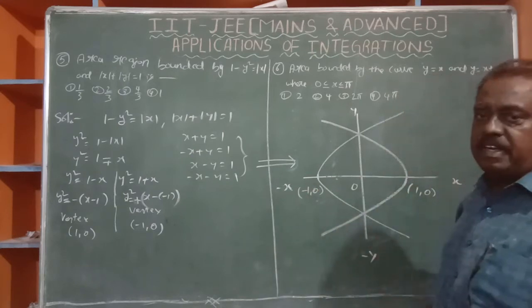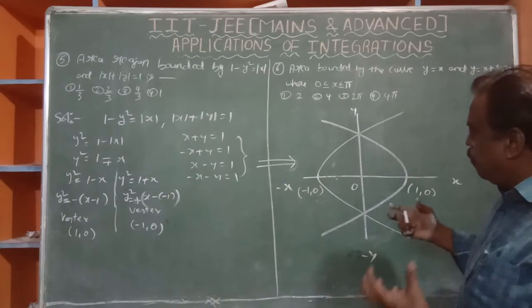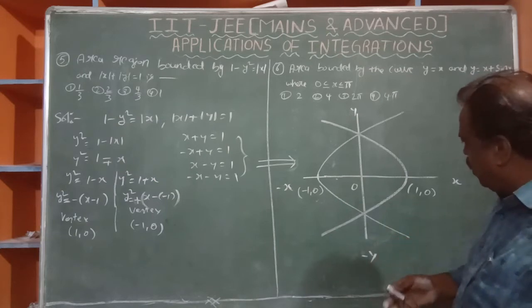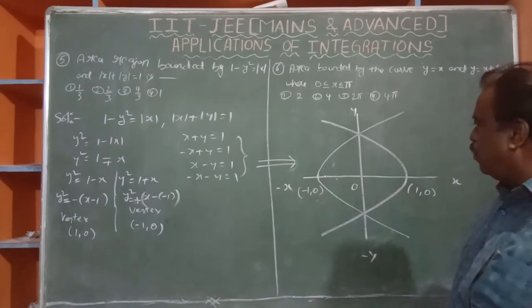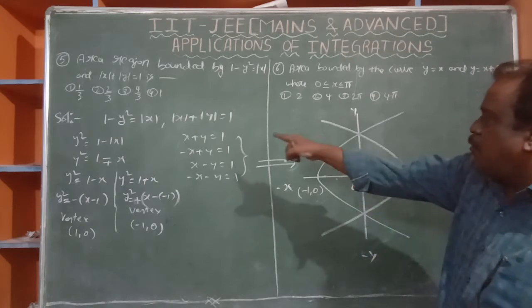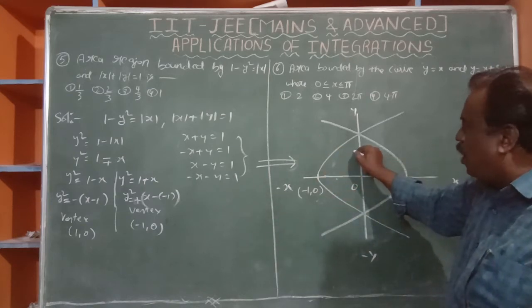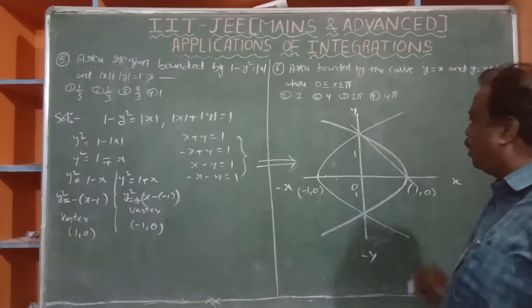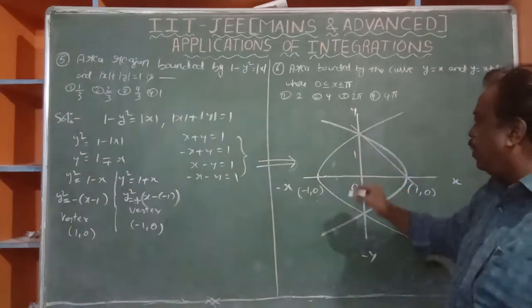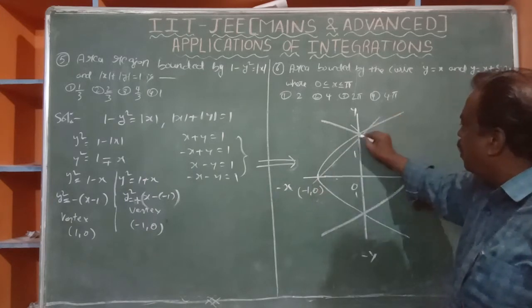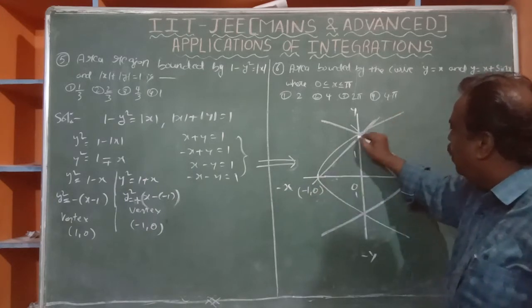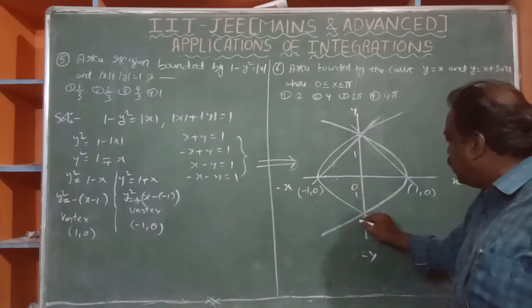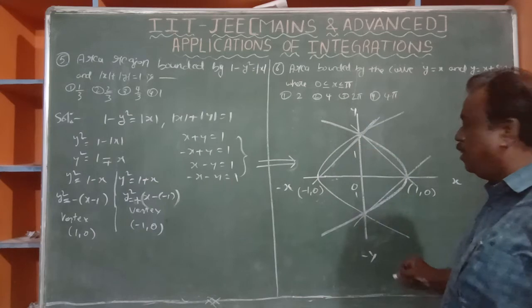For explanation and a clear picture it takes some time, but don't feel bad, it is knowledge, you will understand. And x plus y is equal to 1, here also it is 1. This is a line, minus x plus y is equal to 1, and it is one more line.